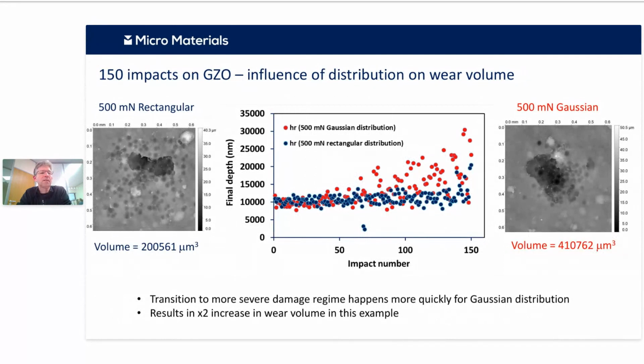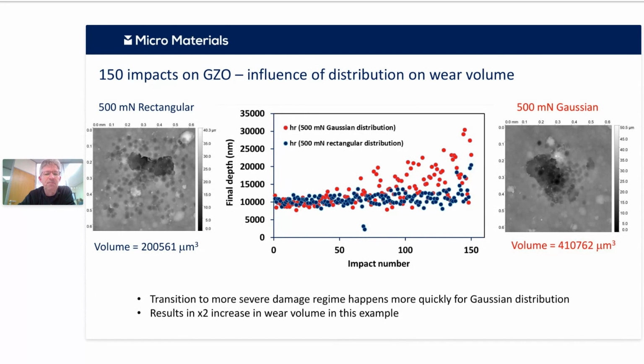So the thing we can do is quantify the damage. These are laser scanning confocal images again. What we have here is 150 impacts on the gadolinium zirconate, and on the left is a rectangular distribution, and on the right is a Gaussian distribution. And we're having a bigger volume, looks like about double on the right for the Gaussian.